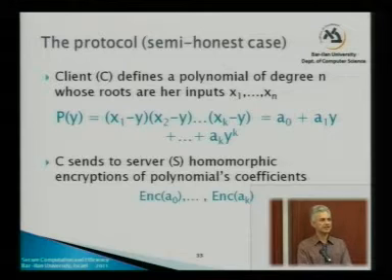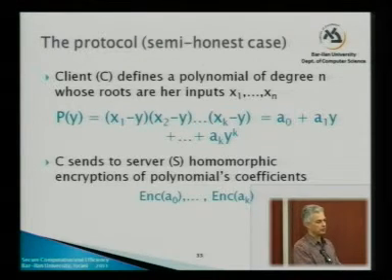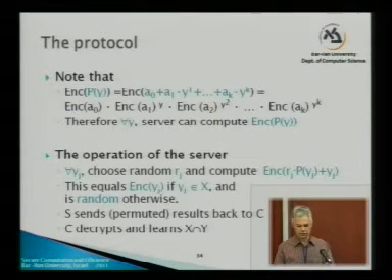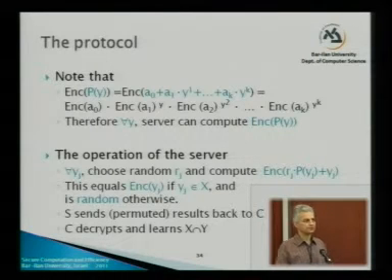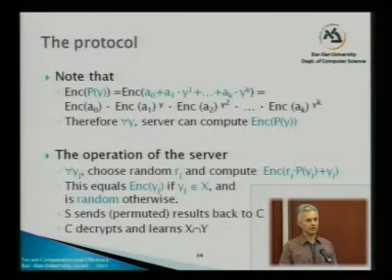Now the client sends to the server homomorphic encryptions of each of the coefficients. Now what does the server do? Note that if you get homomorphic encryptions of the coefficients of a polynomial, you can evaluate the polynomial.